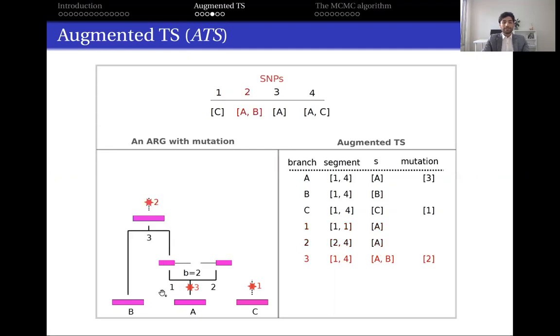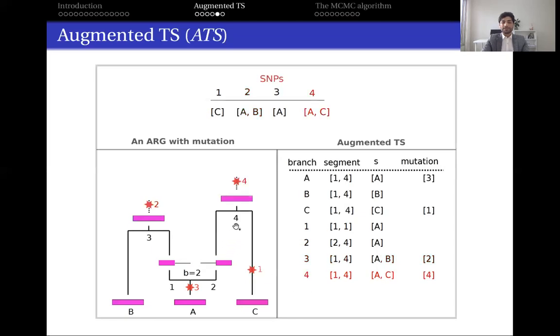Continuing, the next event is a coalescence between 1 and B. The parent branch is 3 and carries ancestral material from 1 to 4, and the descendant samples are A and B. So we go to the data and check SNP2, where we have A and B. Therefore, we can put the mutation for SNP2 on this branch.